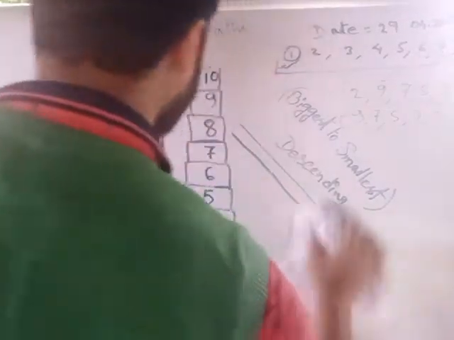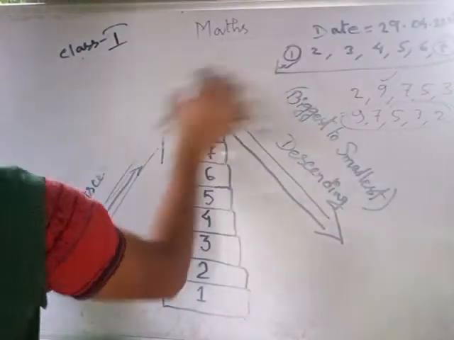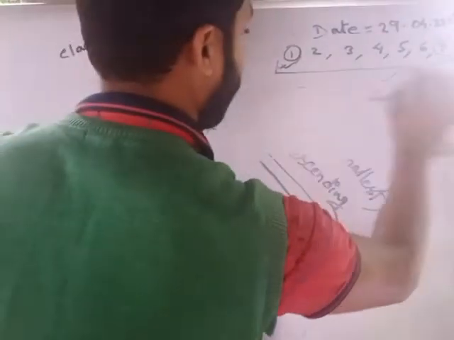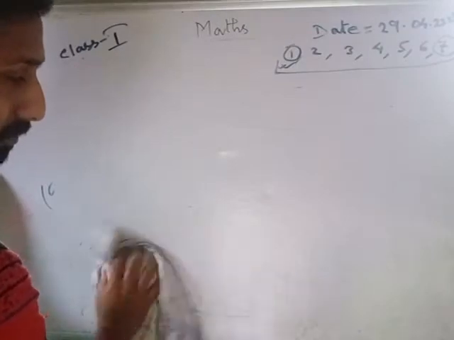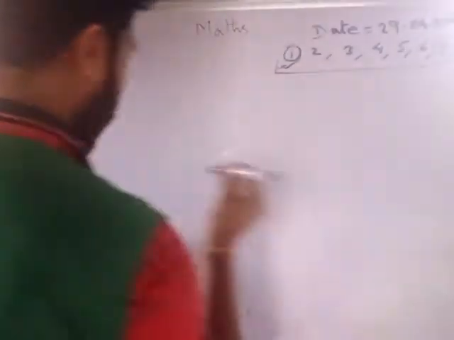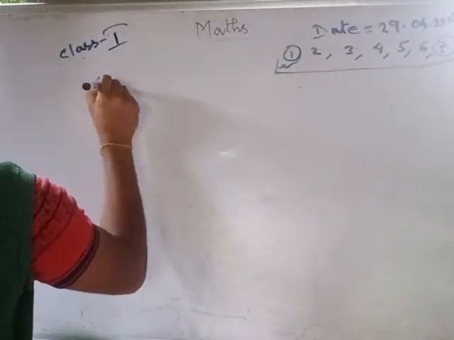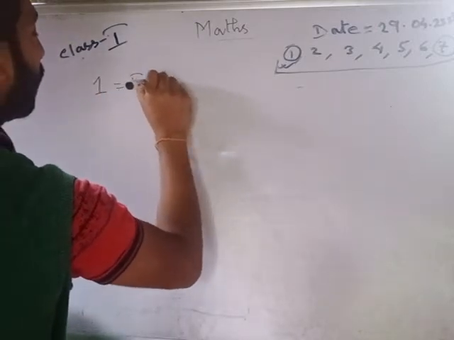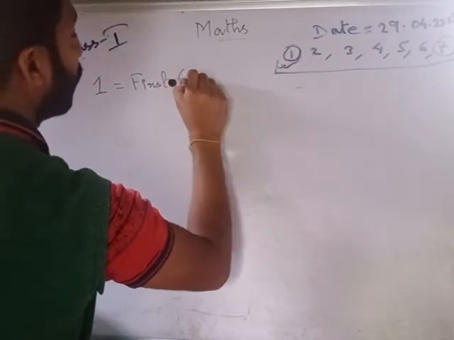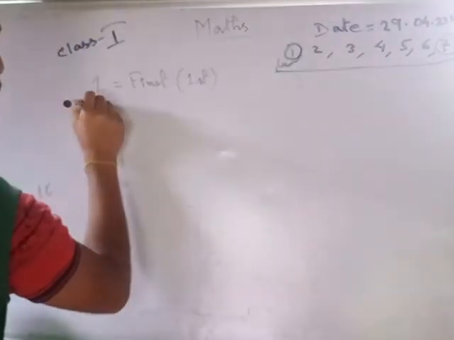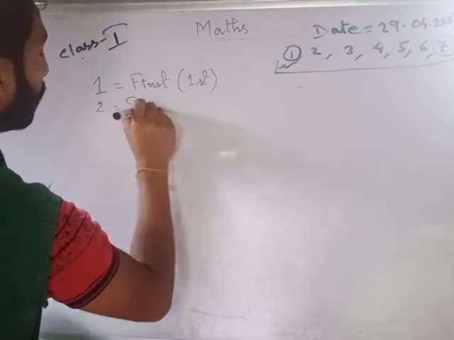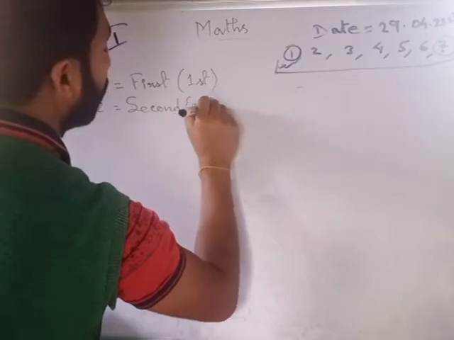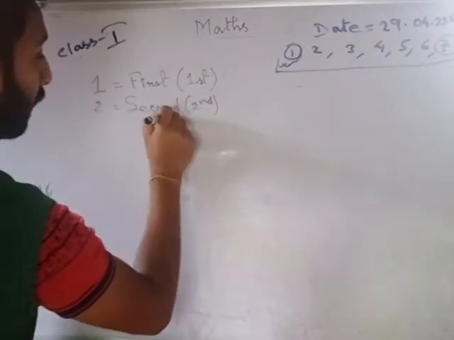And what is an ordinal number? First, that means 1st. Two, that means second, right over here. 20, second, ND is the last one.